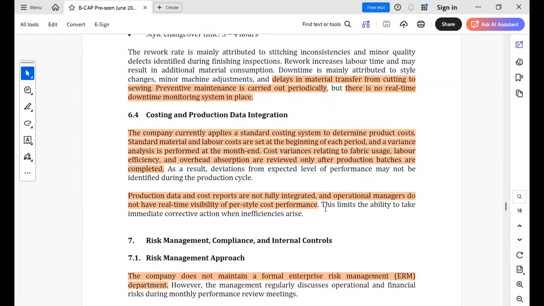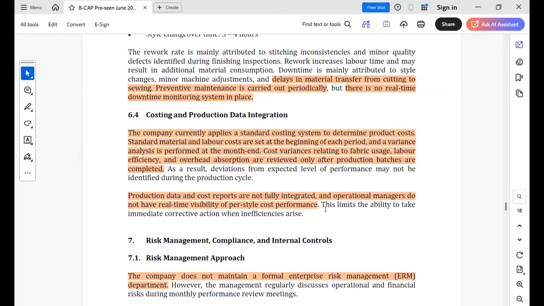I will tell you another one, basically the solution. You can decide on a BI, business intelligence based production dashboard. There you can set all these performance parameters, and it can be linked to the smartphone of each and every manager.